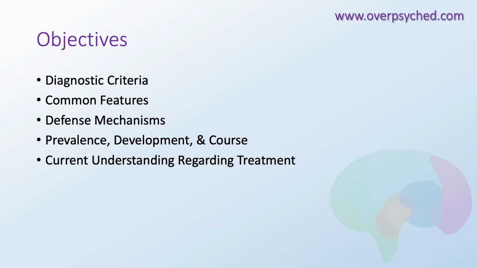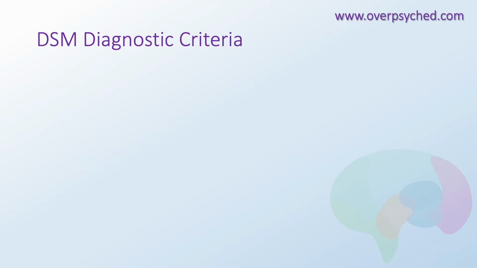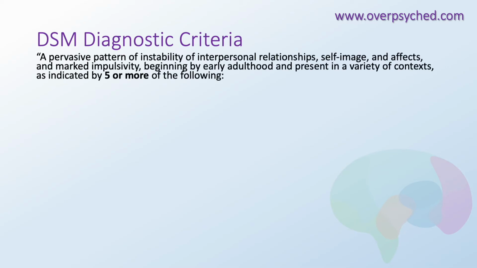The DSM, or Diagnostic and Statistical Manual of Mental Disorders, defines borderline personality disorder with the following diagnostic criteria: a pervasive pattern of instability of interpersonal relationships, self-image, and affects, and marked impulsivity beginning by early adulthood and present in a variety of contexts, as indicated by 5 or more of the following. 1.